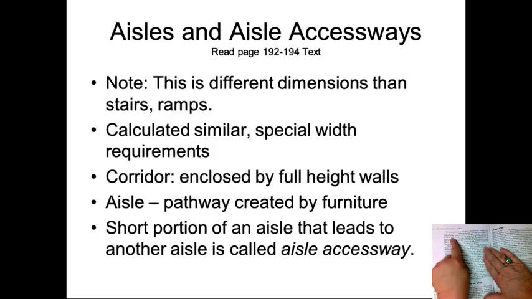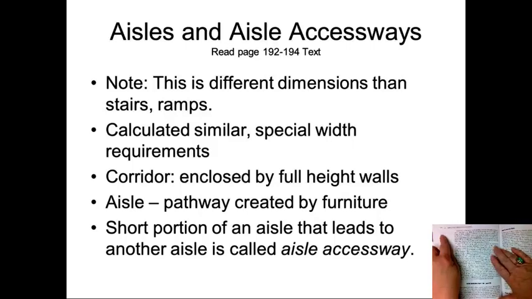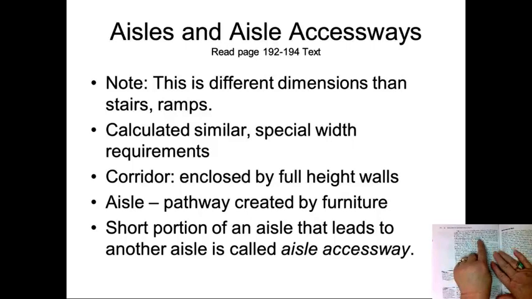The width would be split by 2 exits, suggesting an aisle width of 40 inches. So you take 400 times 0.2 equals 80, divided by 2 equals 40 inches. That's how they got the 40 inches here.